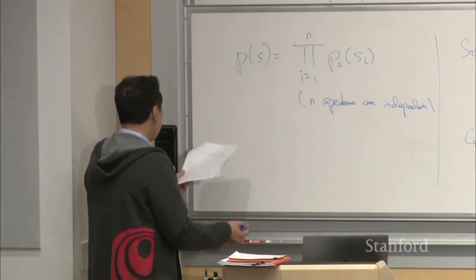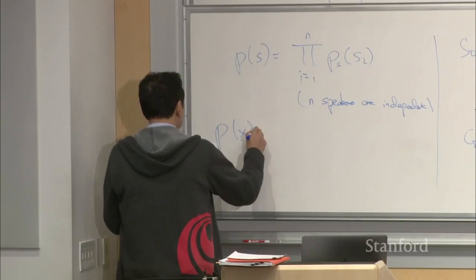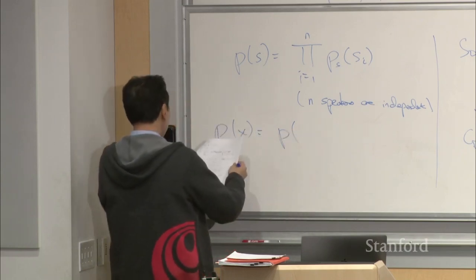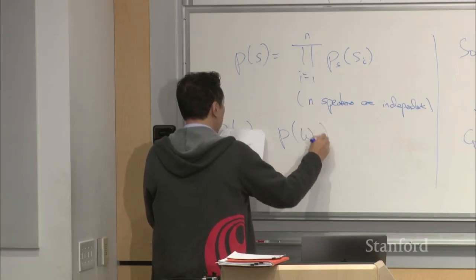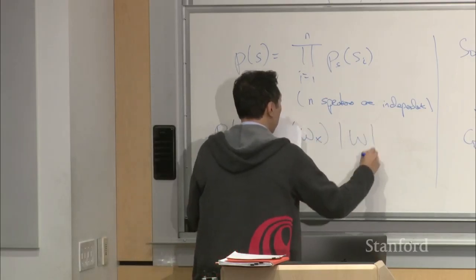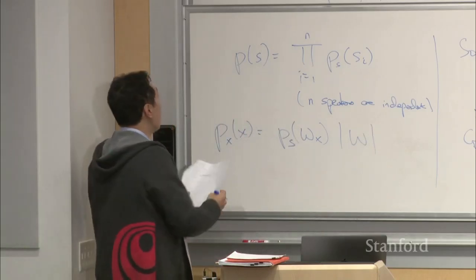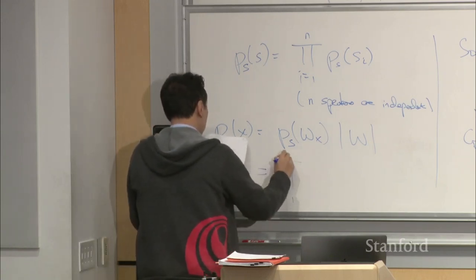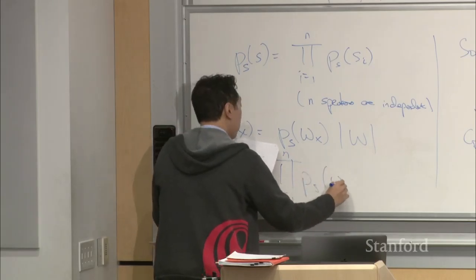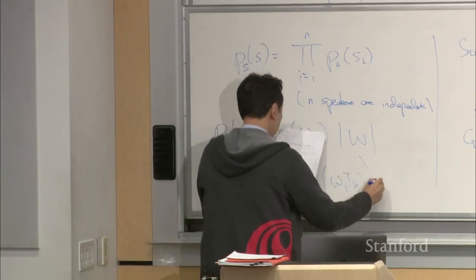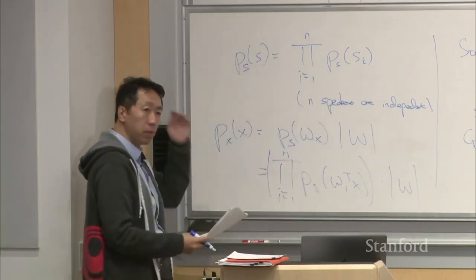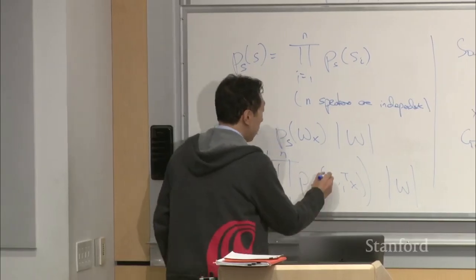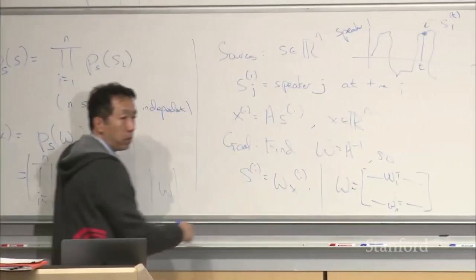Using the formulas we worked out just now, the density of X is the density of Wx times the determinant of W. In this notation, Wi transpose x, because Wi is the ith row of the matrix W.